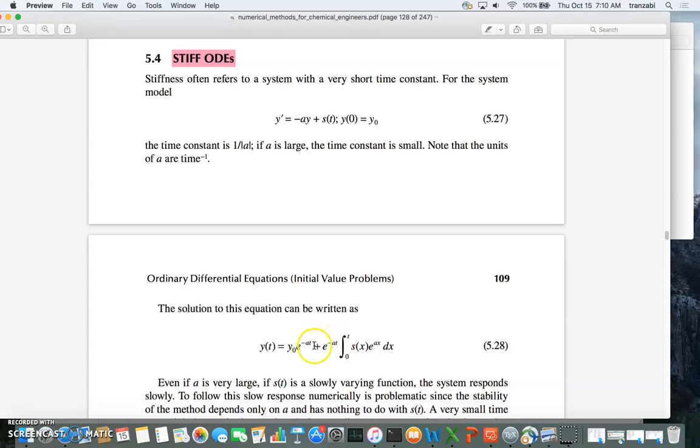Because if delta t is small and t is large, then I have many delta t's in my 0 to t interval, and that requires a lot of spreadsheet lines or a lot of calculations.